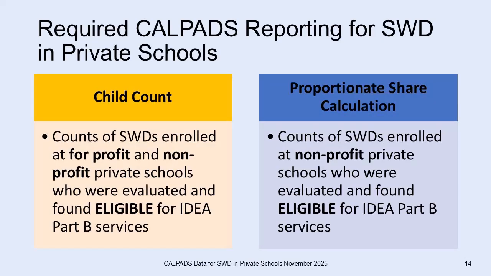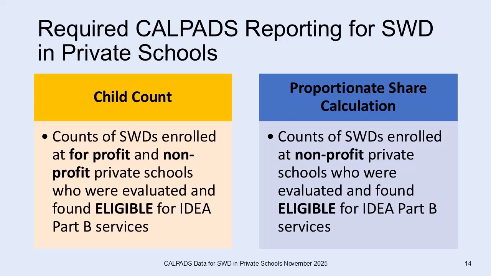There are two sets of data, or two requirements really, for which we collect data for students with disabilities in private schools. The first is to identify the child count of students with disabilities. Now, this is key here, in for-profit and nonprofit private schools who were evaluated and found eligible for IDEA Part B services.